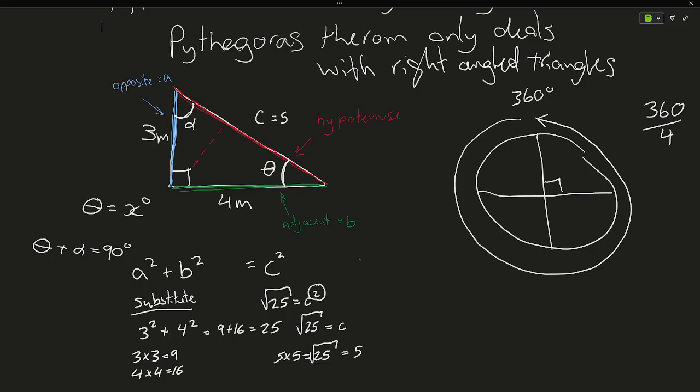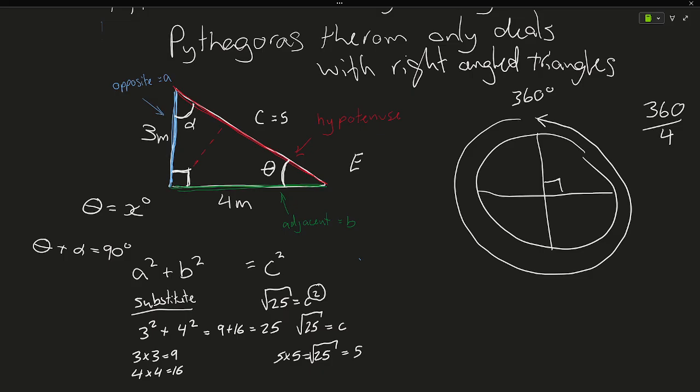Because if we have 90 here, and let's say this is 45 and this is 45, then these two add up to 90, plus this right angle, this 90 degrees, which will give you 180.